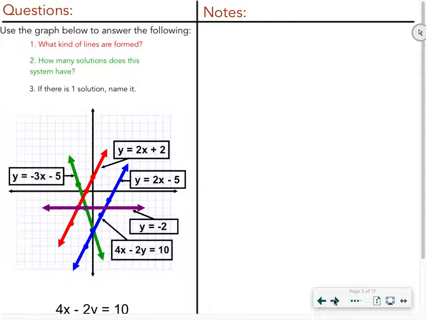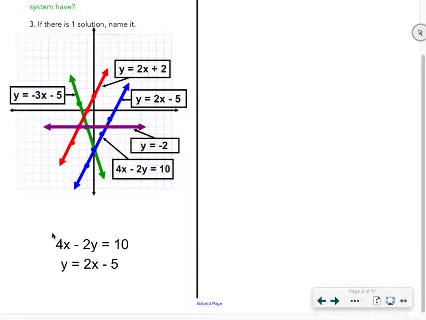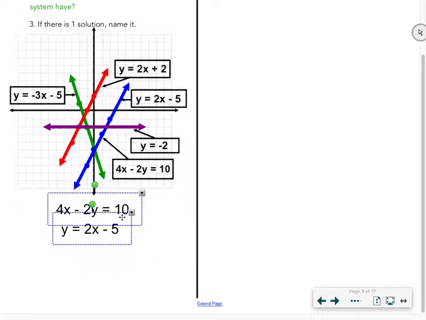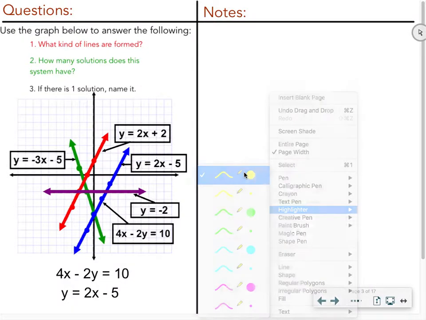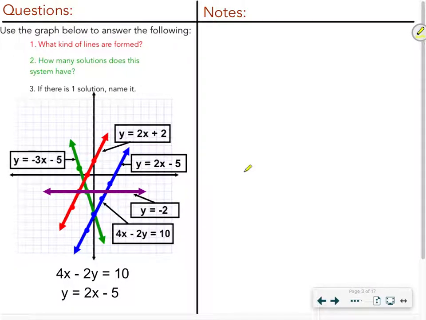All right, second one. This time we are looking at the system 4x minus 2y equals 10 and y equals 2x minus 5. My first equation, 4x minus 2y equals 10, is pointing to the blue line.